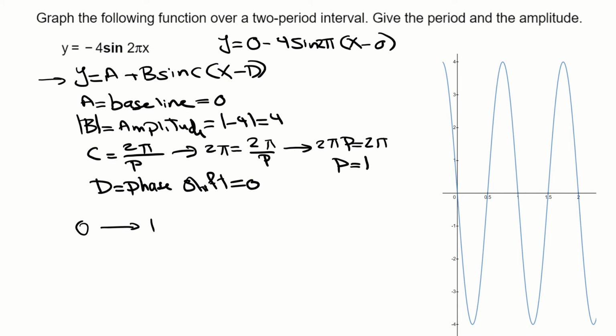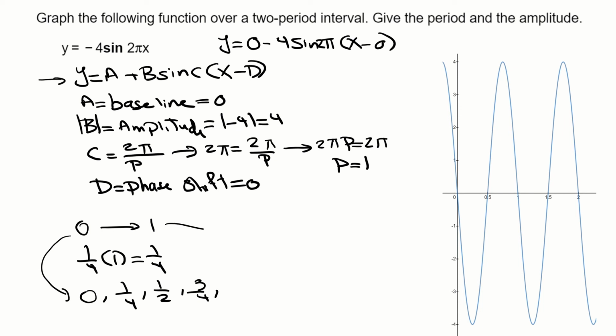So 1/4 of 1 is just 1/4. So we can start at 0. That'll be the first significant point, and then add 1/4 to that to get 1/4, add 1/4 again to get a half, and add 1/4 to a half to get 3/4, and of course we already know the end point is going to be 1.